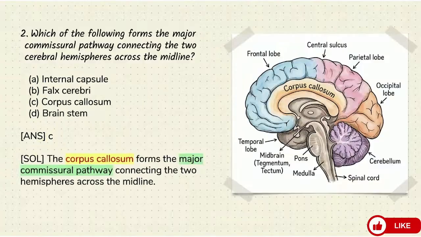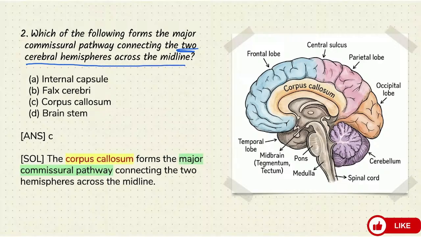Question number 2. Which of the following forms the major commissural pathway connecting the two cerebral hemispheres across the midline?